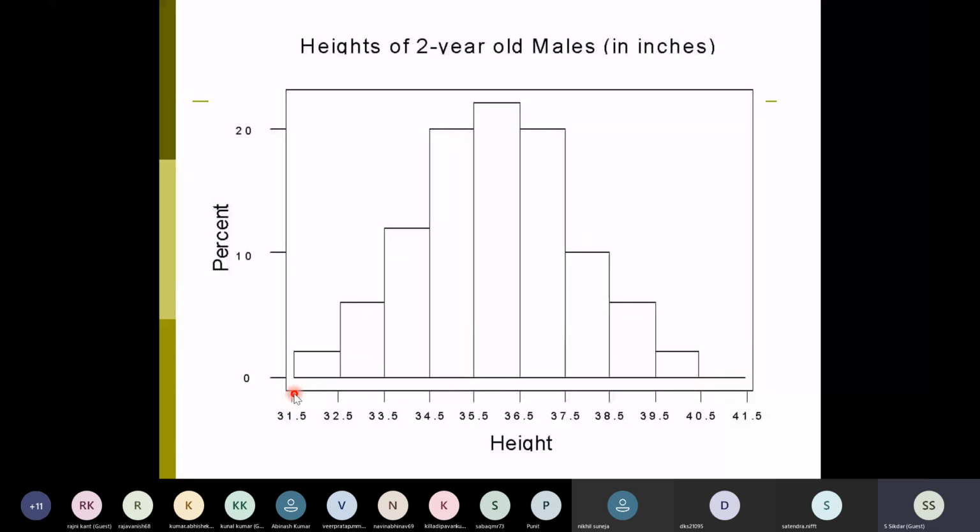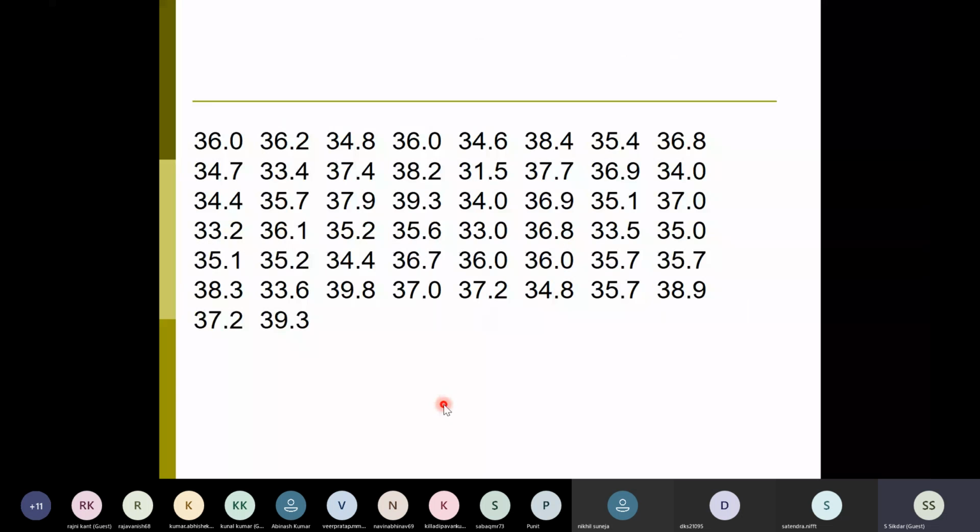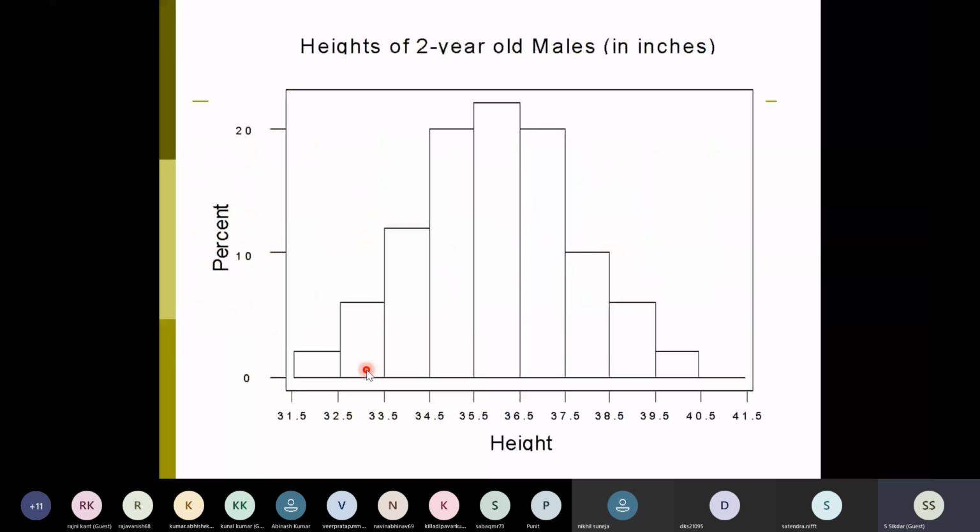Even if this data has been given in such a way, it also happens in real life that you reach a normal Gaussian curve.